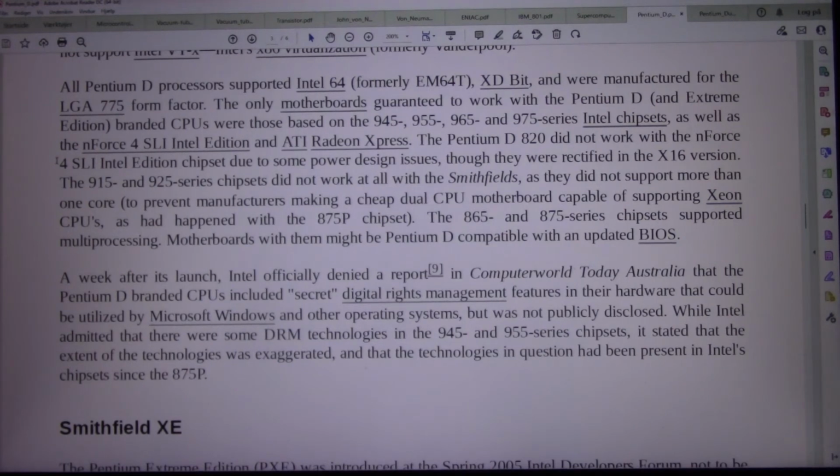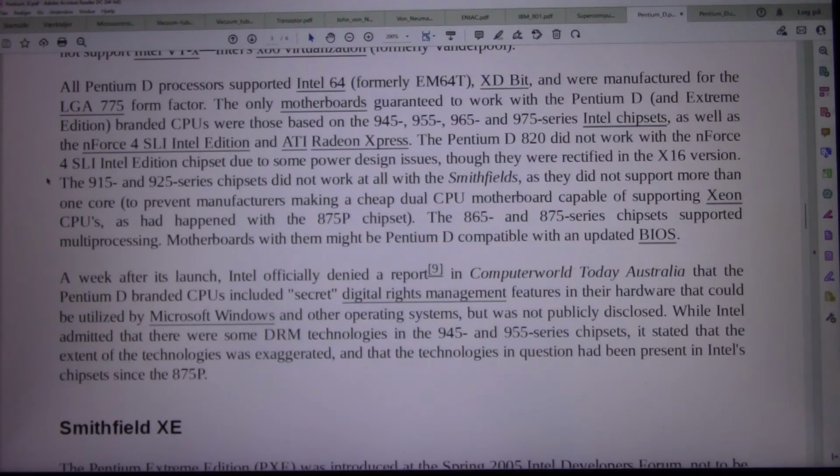The only motherboards guaranteed to work with the Pentium D and Extreme Edition branded CPUs were those based on the 945, 955, 965 and 975 series Intel chipsets, as well as nForce 4 SLI Intel Edition and ATI Radeon Express. The Pentium D 820 did not work with the nForce 4 SLI Intel Edition chipset due to some power design issues, though they were rectified in the X16 version.